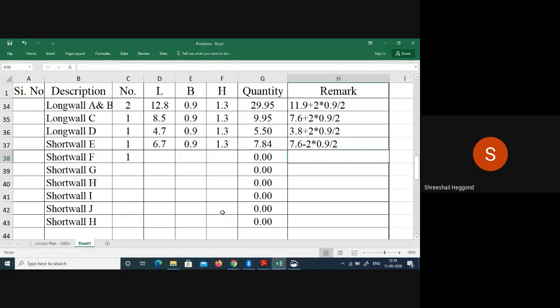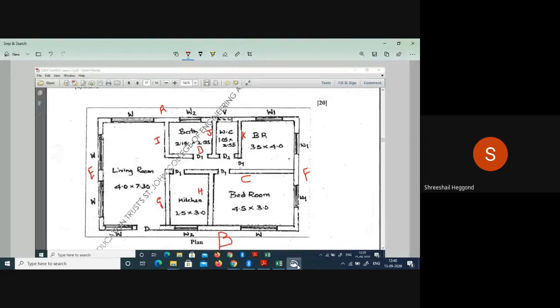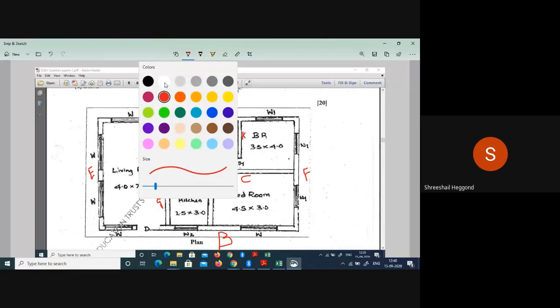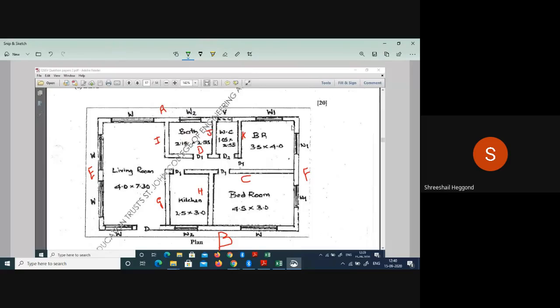Next is of F. Center to center line length is 7.6, same as the previous case. If you see the diagram, you need to deduct from both the ends. Here also you have to consider deduction from center, and here also you need to consider from the center, and in between one wall is joining, that is of horizontal wall, that is long wall C, which is already excavated. That also you need to deduct.